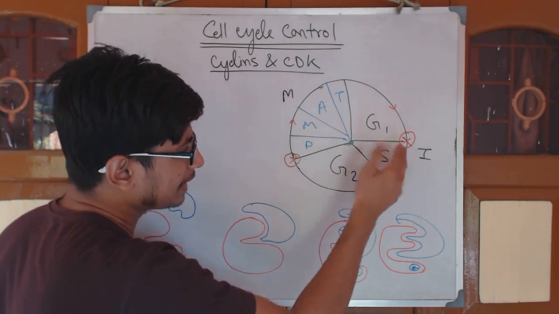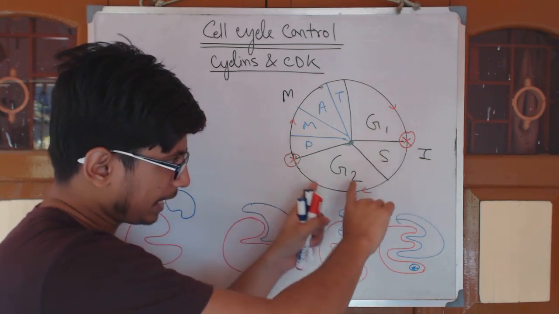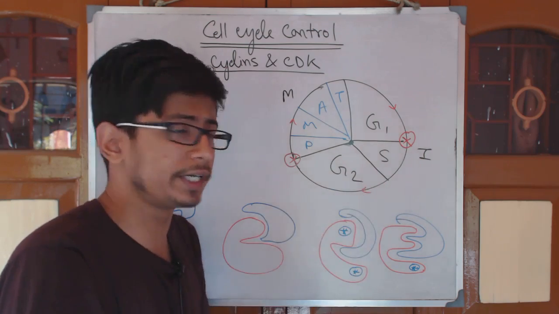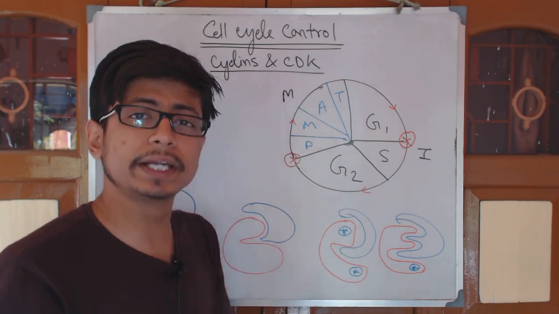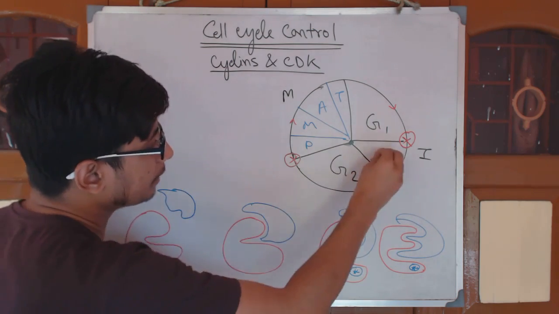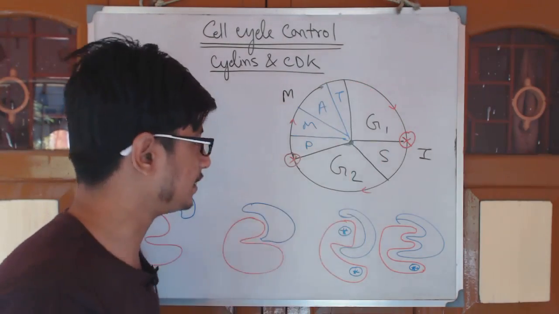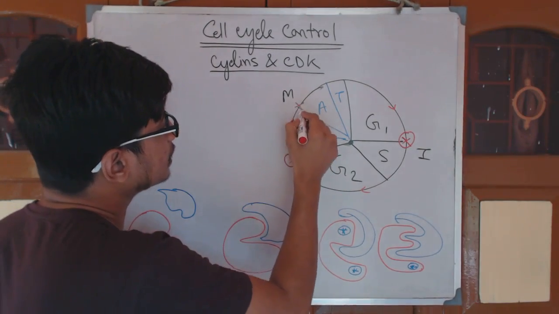So we know there is probably a checkpoint at G2 and G2M, but ultimately the checkpoint has the same functionality: to check whether the DNA replicated properly or not. If the DNA replicated properly and cell size is okay, then only will they pass through to the M phase. So that is why it checks at G2M, and ultimately there is an M phase checkpoint.